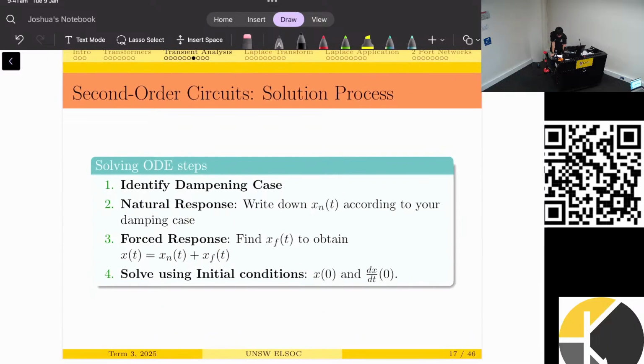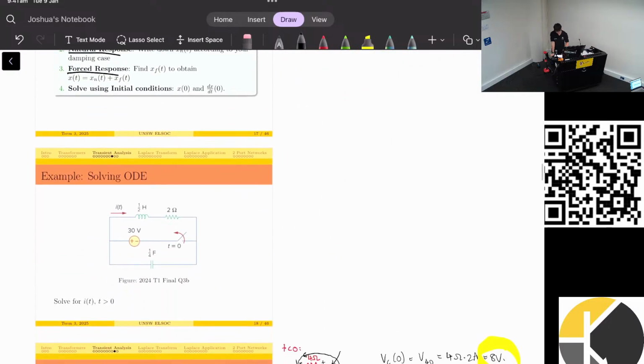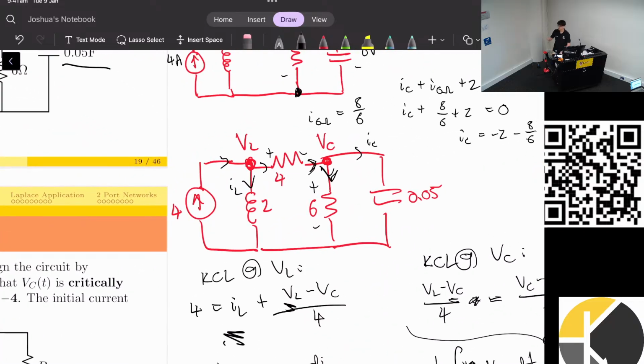One other important thing we need to do is determine whether we have a natural response or a forced response. The easy way of telling that is we look at the circuit and think, okay, as t approaches infinity, will my variable or my parameter be getting any power to it?